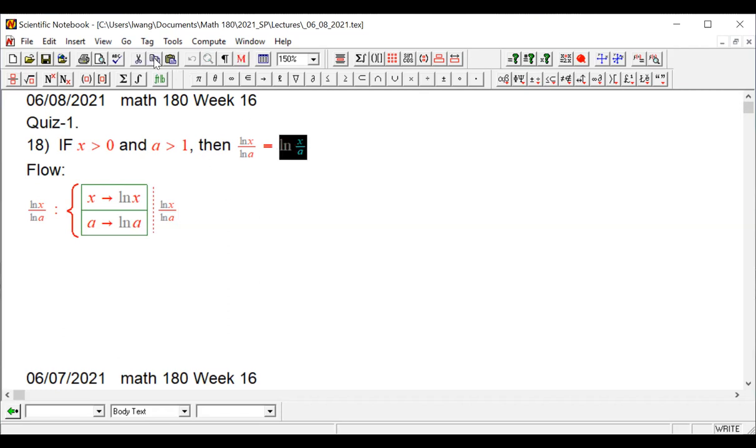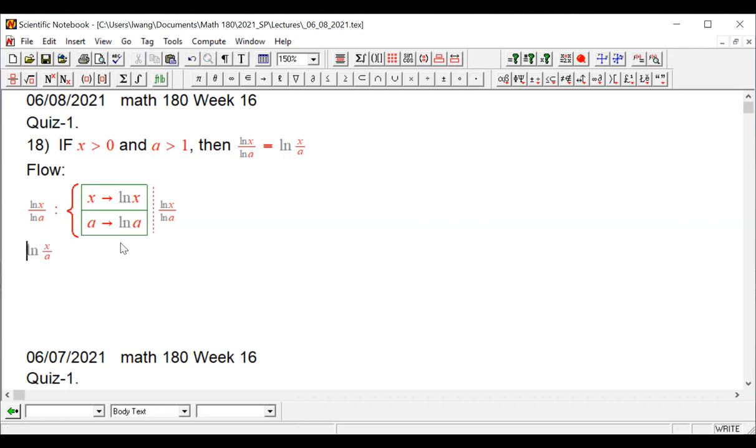And the other one, however, has x as input and a as input, and we do the division first. So x divided by a, and then we work on ln of x over a.